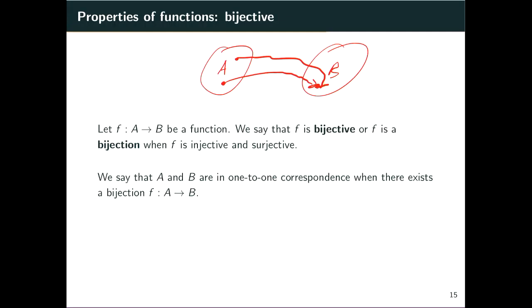So maybe to understand why you get this one-to-one correspondence: surjective says for every element in B, we're going to be able to map to something from A to B. And then the injective is giving us that uniqueness. So there's a unique element from A that maps to this element in B. Cool.